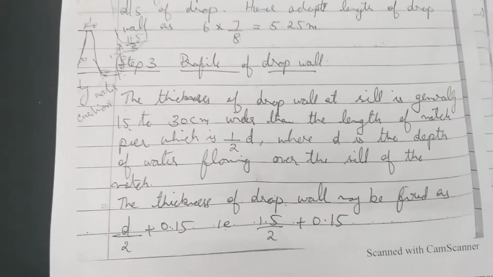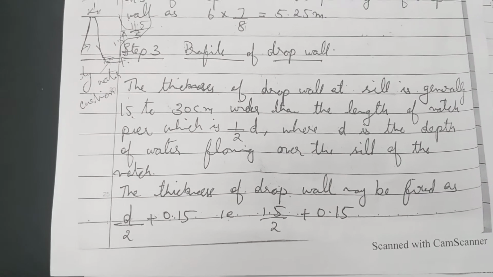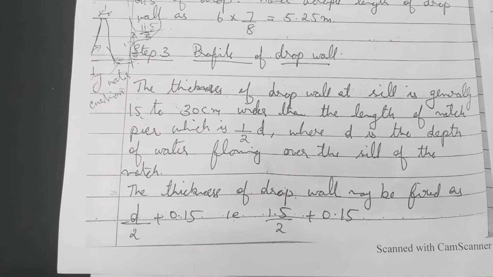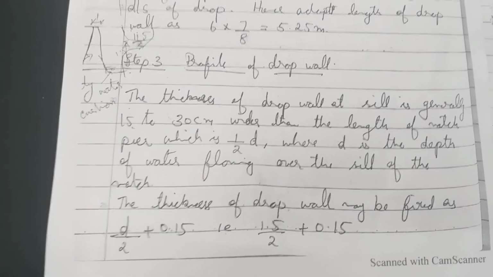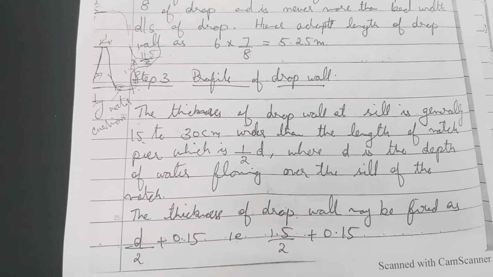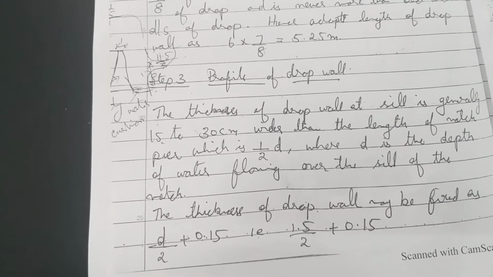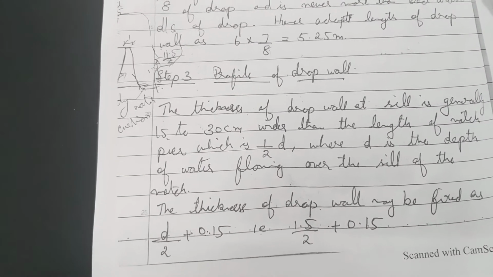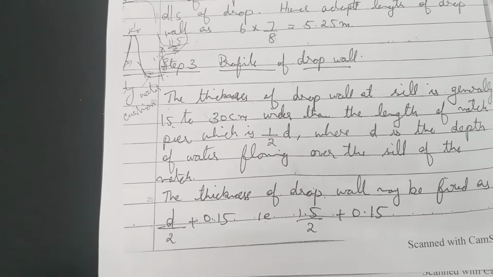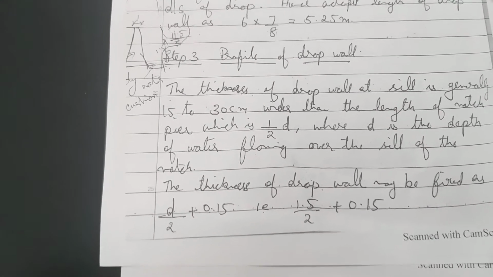The thickness of the drop wall at sill is generally 15 to 30 centimeter wider than the length of notch pier, which is half D, where D is the depth of water flowing over the sill of the notch. The thickness of the drop wall may be fixed as D by 2 plus 0.15, that is 1.5 by 2 plus 0.15.